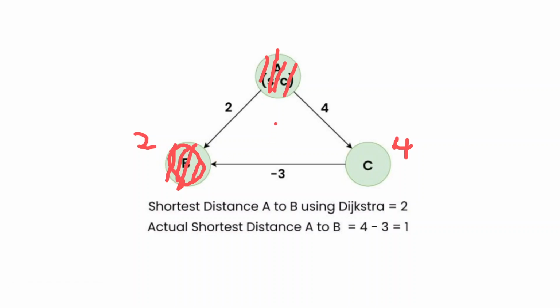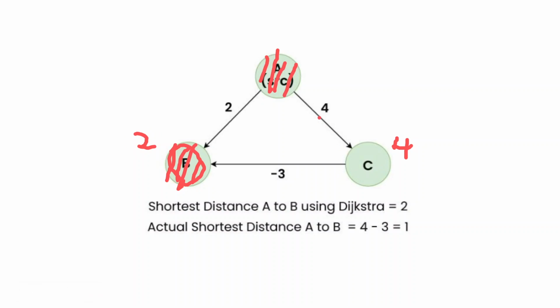When you come to C, you have one neighbor, that is B. But it is already visited and has the shortest path assigned to it as 2.